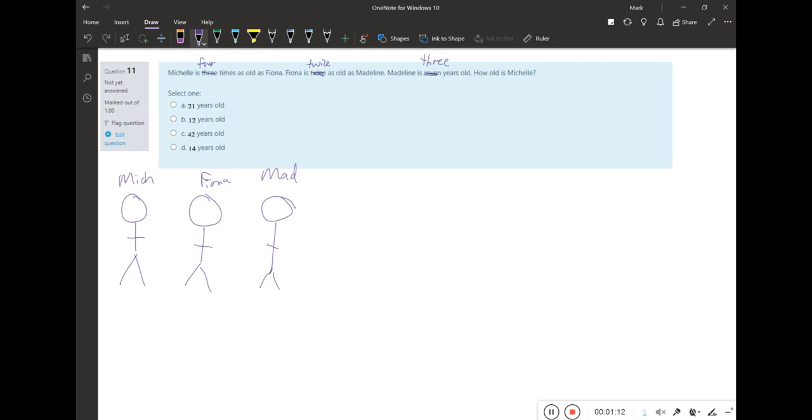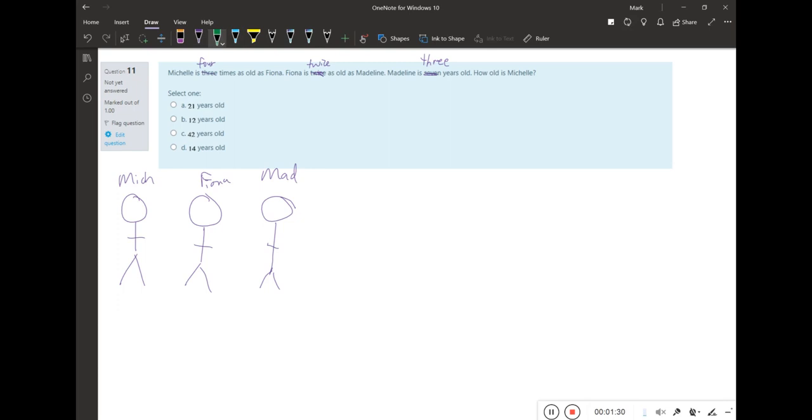Okay, so this is a question where we know the relationship between Michelle and Fiona's ages, and we know the relationship between Fiona and Madeline's ages, and we know Madeline's age, and so we're trying to find Michelle's age.